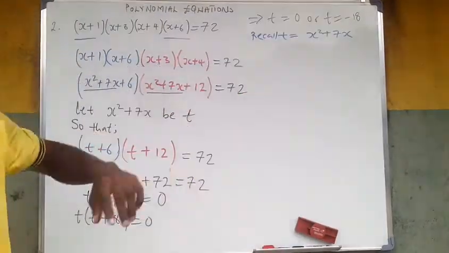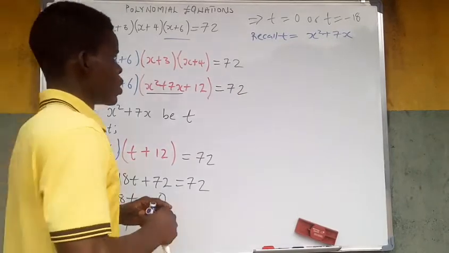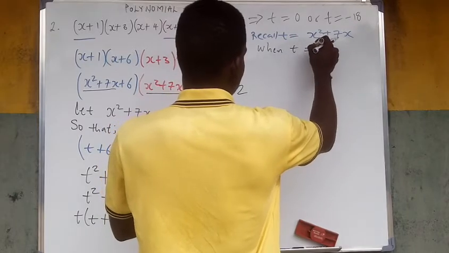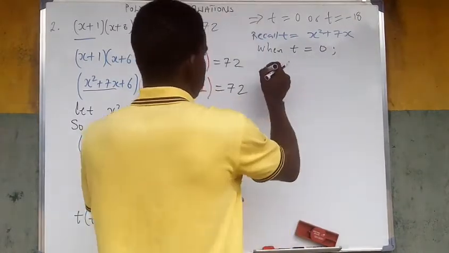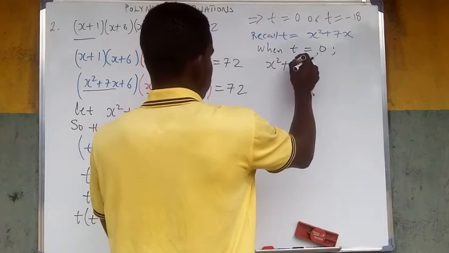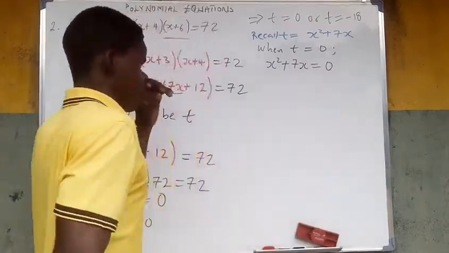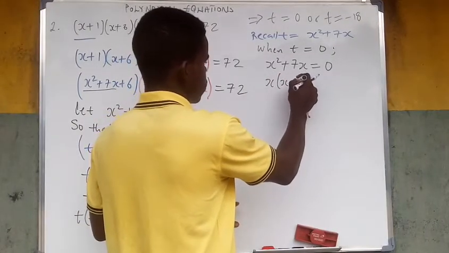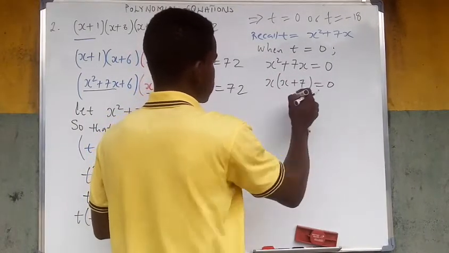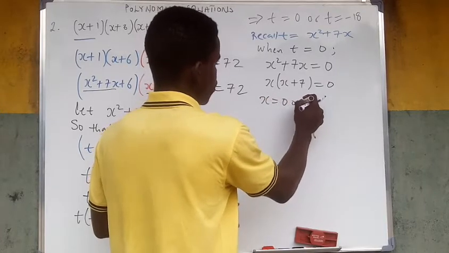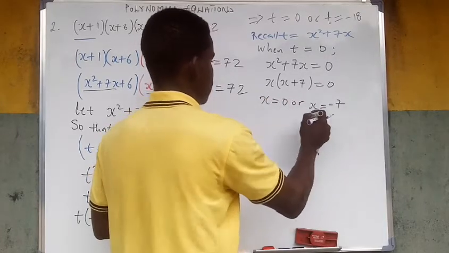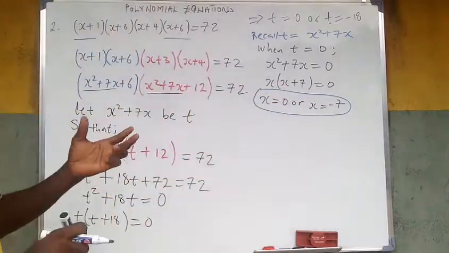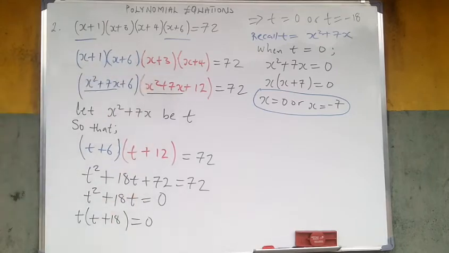So since t was equal to x squared plus 7x, then when t is equal to 0, that means x squared plus 7x is equal to 0. This means x times x plus 7 equal to 0. So that means that x is equal to 0 or x is equal to negative 7. These are the first two solutions to x.